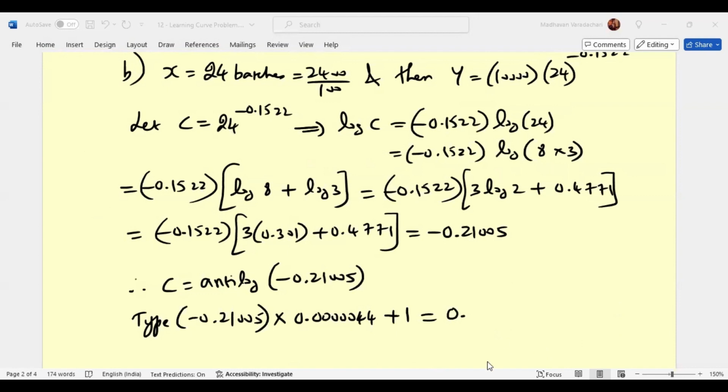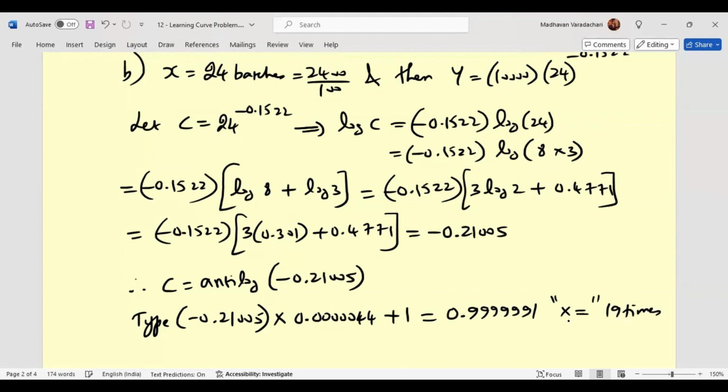We will get 6 nines and then 1, and then 1. Then to this number, we have to press equal to 19 times.